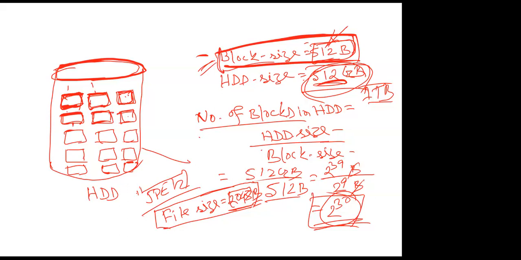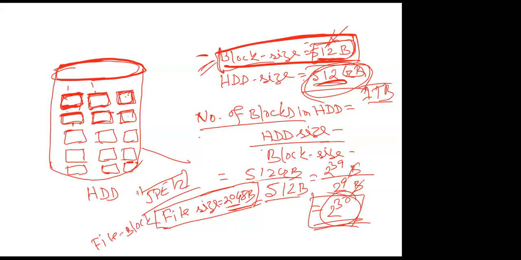It can be any file, I consider a jpg file here, and its size is 2048 bytes. Let me clearly write it here. So how many blocks will be inside this file? You need to divide it using the hard disk block size.